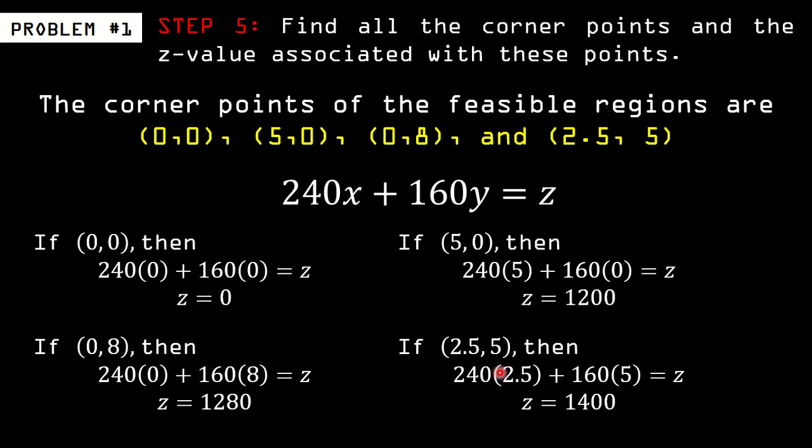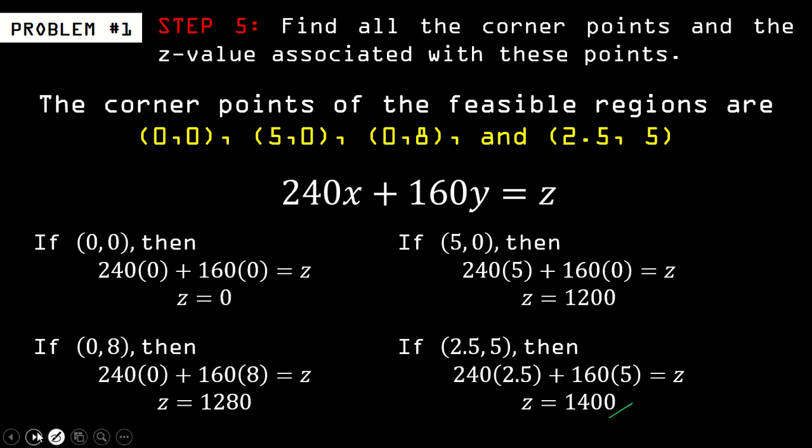If you will recall, the value of x indicates the number of coffee tables, y indicates the number of end tables, and z indicates the maximum profit. Comparing the 4 points, z equal to 1,400 is the highest compared to the profit of the other three corner points.